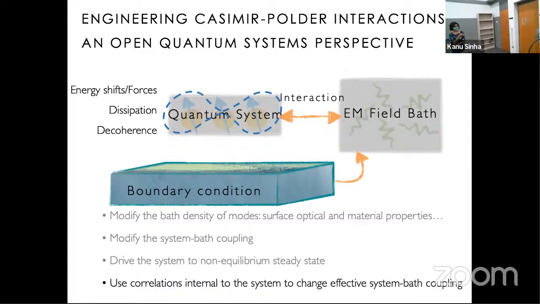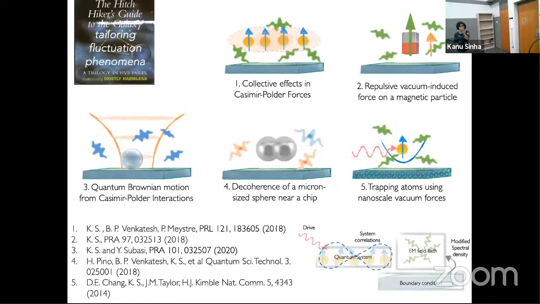And while this is not an exhaustive list of the number of things that one can do, these are some ways that we've poked at the problem of trying to engineer fluctuation phenomena in nanoscale quantum systems. And unfortunately, I don't have the time to discuss these different ideas in detail, but I'd be more than happy to talk about them if you're interested later.